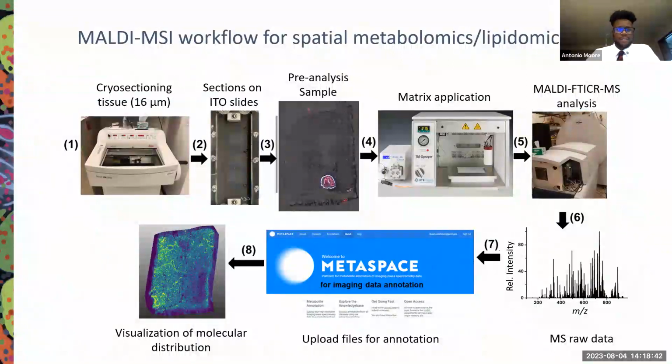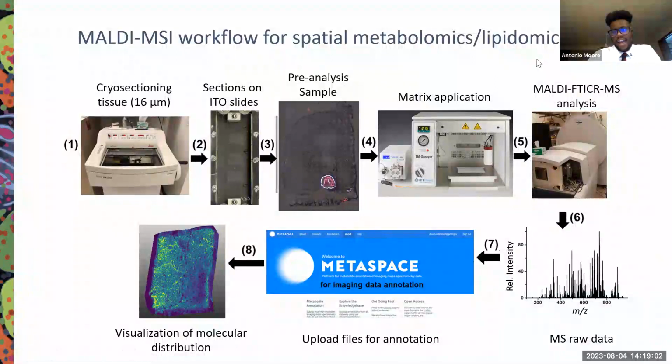So the process of doing this is we first start with cryosectioning on the cryostat. Then we deposit the lung tissue onto conductive glass slides. We then use fluorescence microscopy to take images of what we have, and then we apply our matrix.